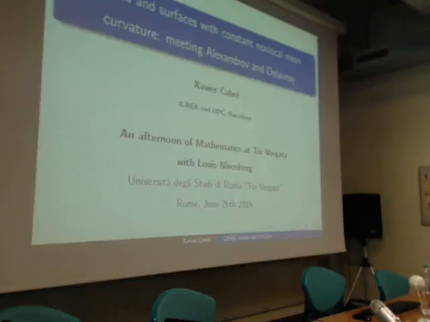And this is the first paper, this and another one that I will cite in a second, are the first two papers on surfaces with constant non-local mean curvature, constant different than zero, okay? So this is an extension of the so many works that there are on CMC surfaces, constant mean curvature surfaces.